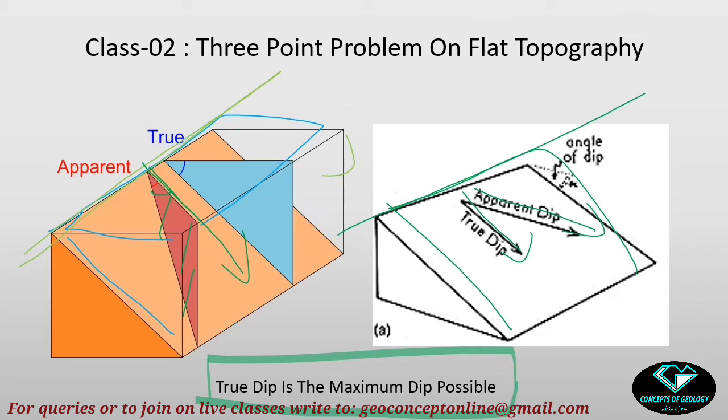Okay, so this is the true dip direction, and if I am moving in any other direction, I will have a lesser value of dip, and eventually if I measure the dip in this direction, I mean parallel to strike direction, the dip will be 0. Okay, parallel to strike direction dip is 0, perpendicular to strike direction, I mean true dip direction, the dip will be maximum, and in between them the dip will have an intermediate value.